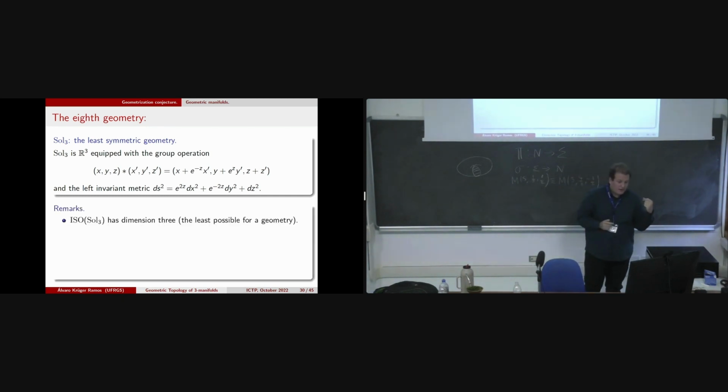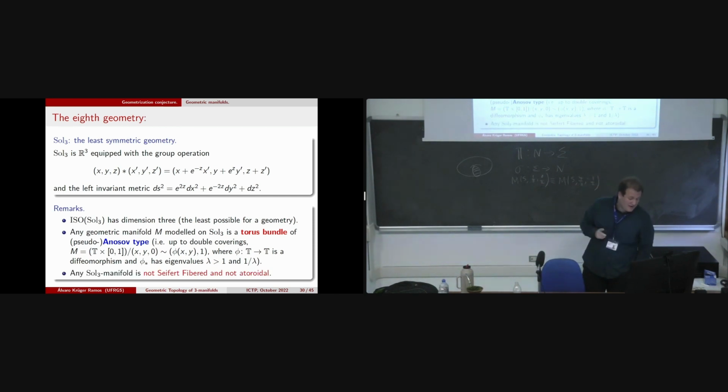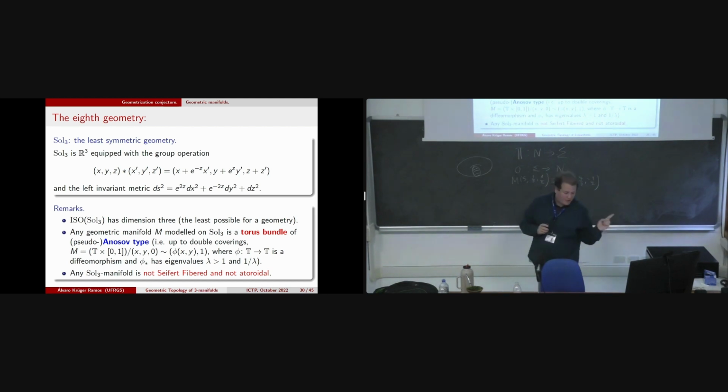And the isometry group of Sol has the least possible dimension for a model geometry. It's just 3. And any geometric manifold modeled on Sol is going to be a torus bundle with pseudo-Anosov monodromy. I don't want to go into details here, this is the exception. And any Sol manifold is not going to be Seifert fibered or toroidal.